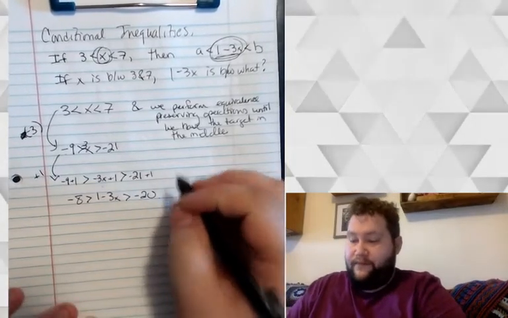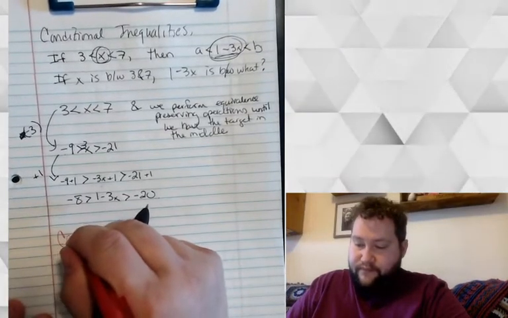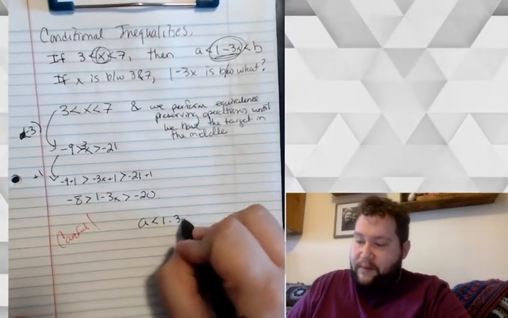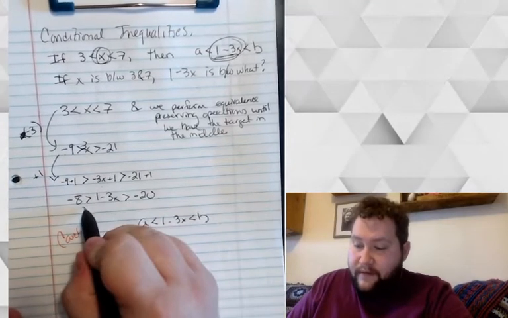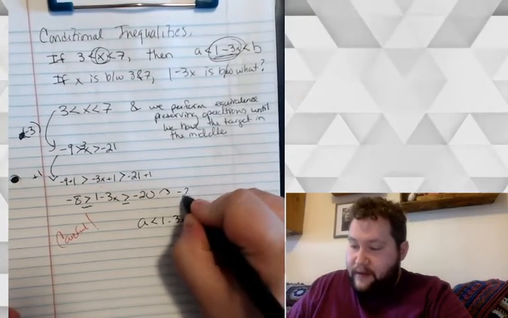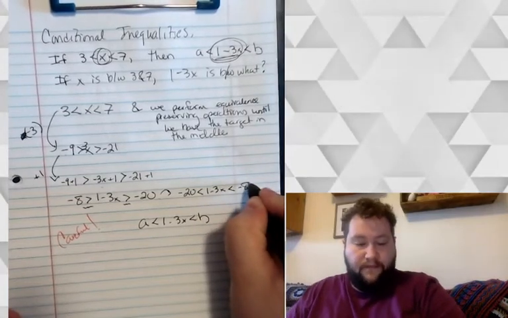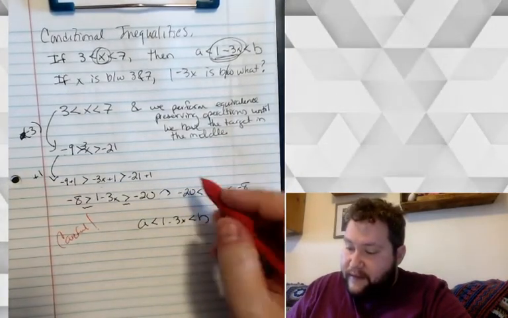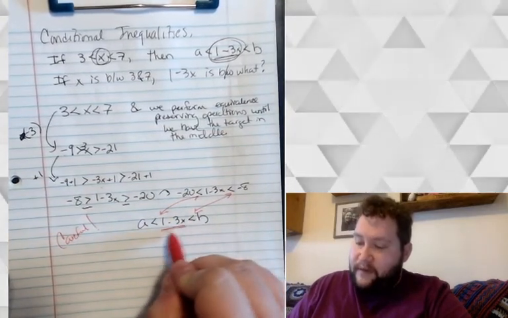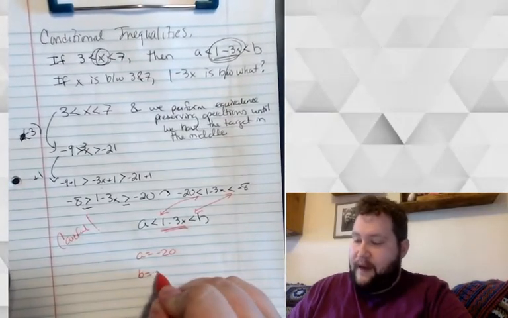But we need to be careful. I'll use red to point it out. We wanted a less than 1 minus 3x less than b. But notice these are greater thans. So let's rewrite that. Negative 20 less than 1 minus 3x less than negative 8. And since now these line up, we know that 1 minus 3x is between a equals negative 20 and b equals negative 8.